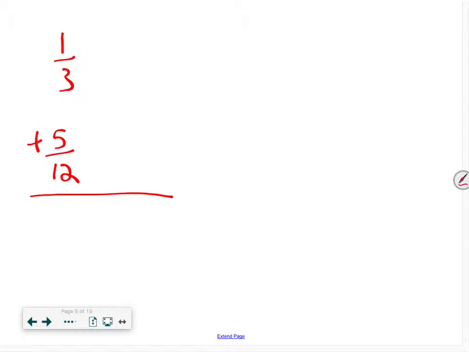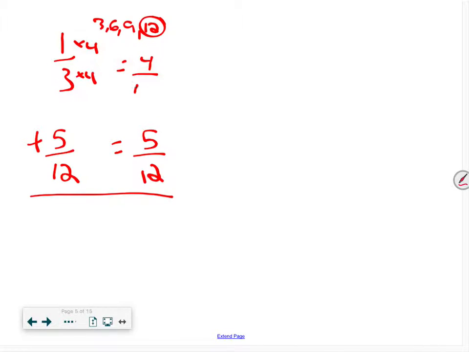Again, unlike denominators, so I am going to try to find like denominators. If I skip count by 3s, 3, 6, 9, 12. Oh, I hit 12, so I can make my denominators 12. That's times 4, and I get 4 12s. And 4 12s plus 5 12s is 9 12s. That's not improper, but you should be thinking, oh wait, there's something I can do with this problem.